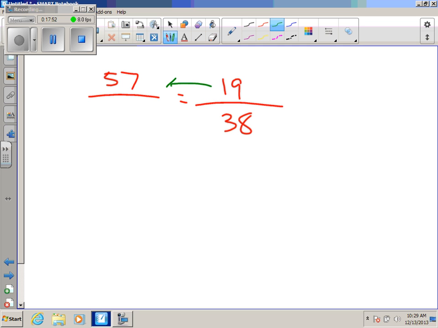Good. Very good. So if you go toward your missing value, that'll always help. 19 times 3 is 57. 38 times 3 is what? 114.